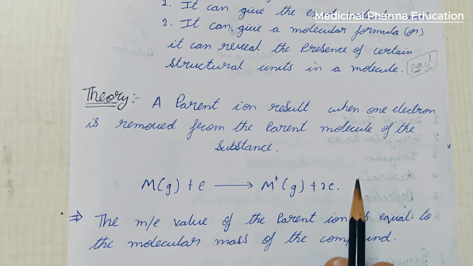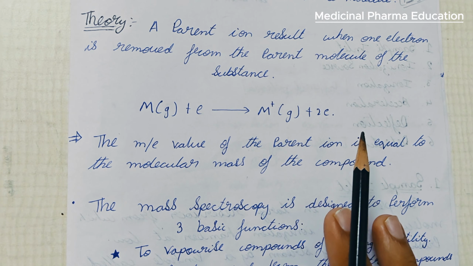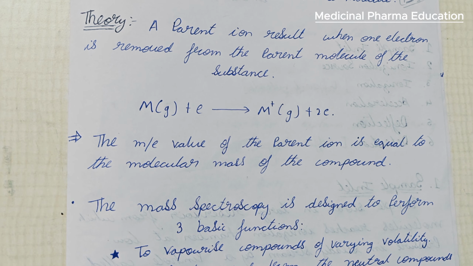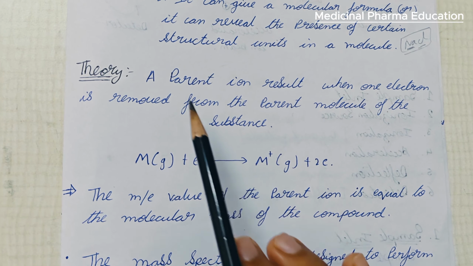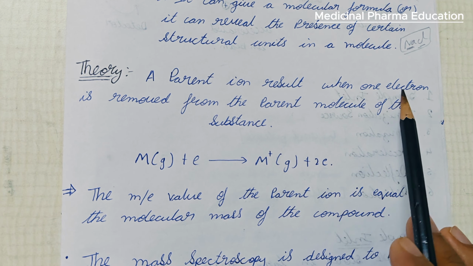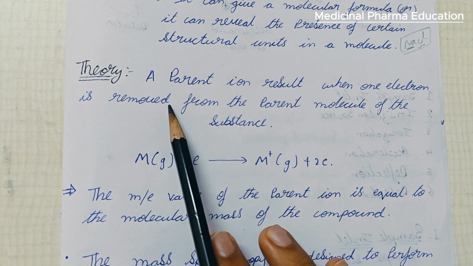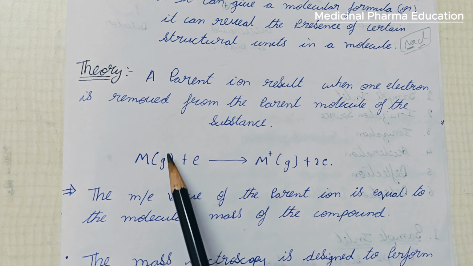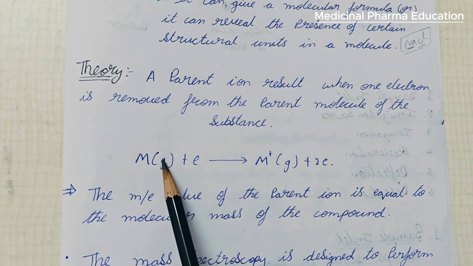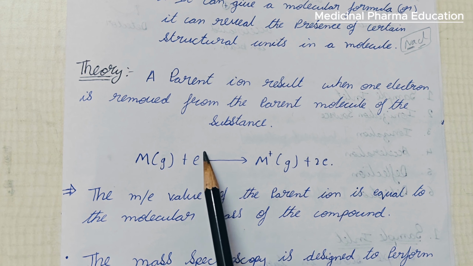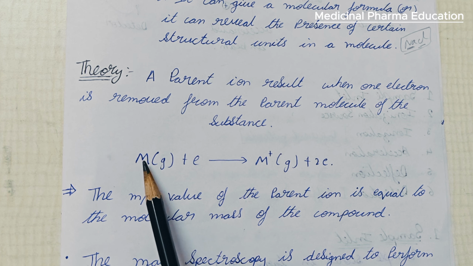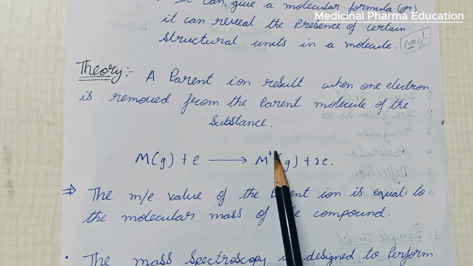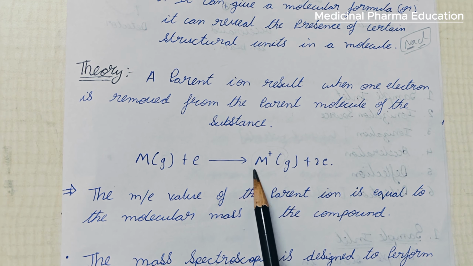And we will go with the theory. If you understand this, you will understand everything here. A parent ion results when one electron is removed from the parent molecule of the substance. This takes place in the gaseous state. If one electron is removed from the parent molecule, it becomes positive.